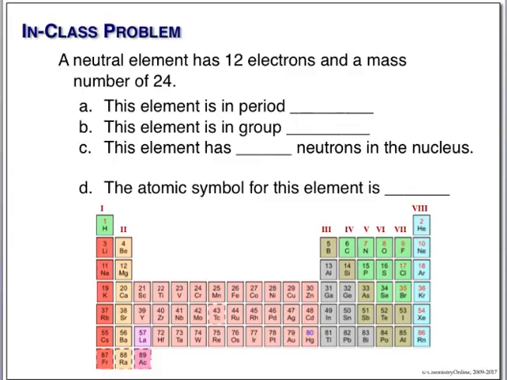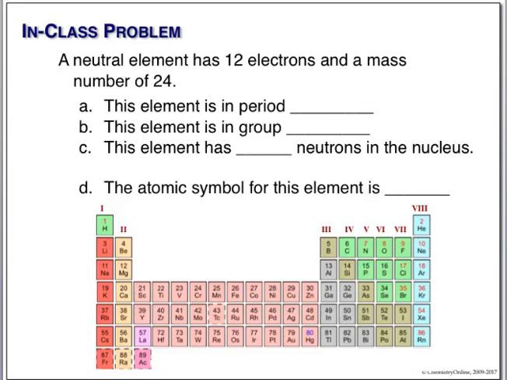Neutral element, this is important, has 12 electrons and a mass number of 24. What's its period, what's its group, how many neutrons, and what's the symbol? Well, remember in an atom, protons are positive, aren't they?